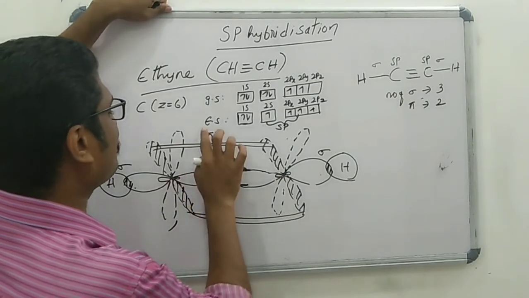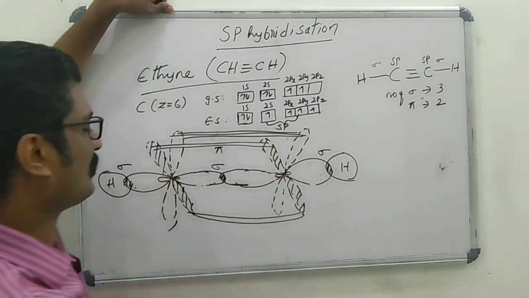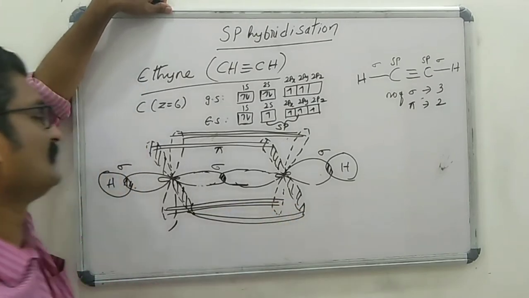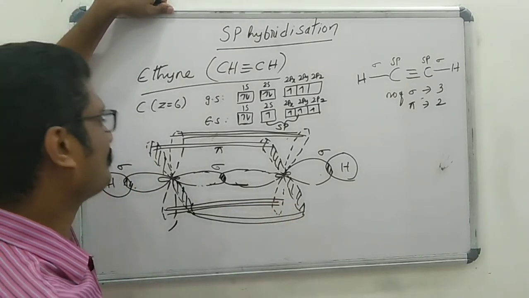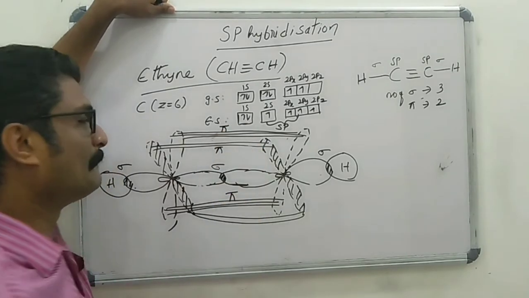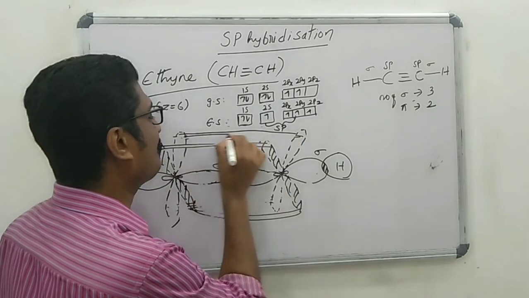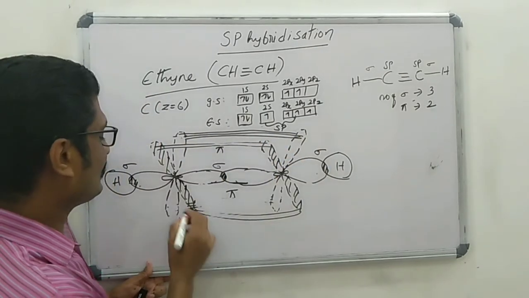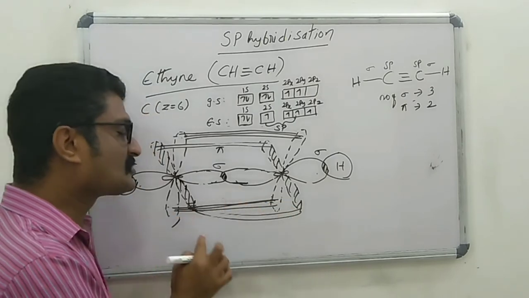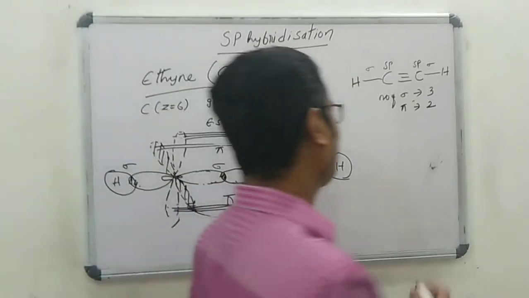Then the unhybridized 2pz orbital of the first carbon atom overlaps sidewise with the unhybridized 2pz orbital of the second carbon atom and forms the next carbon-carbon pi bond. Okay, then here please listen.